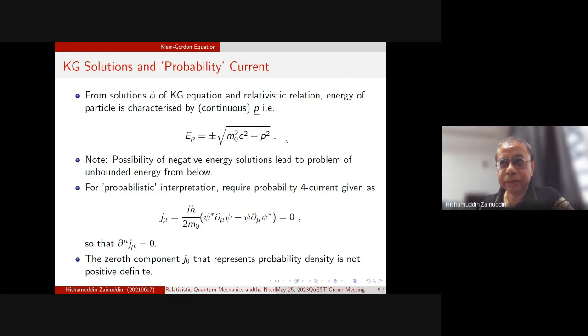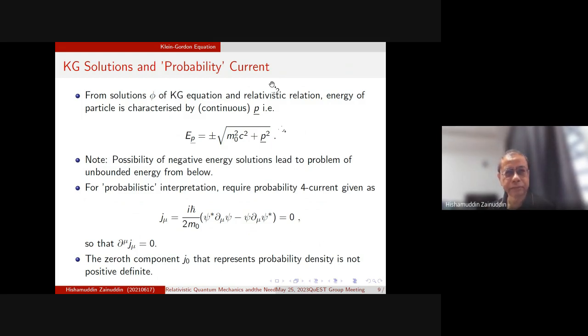One of the things that we believe in quantum theory, whether it's true or not, is the principle of democracy. All solutions are actually realizable, so you need to consider both. The only problem with this is that negative energy is considered problematic in particle theories, because that means there's no ground state.